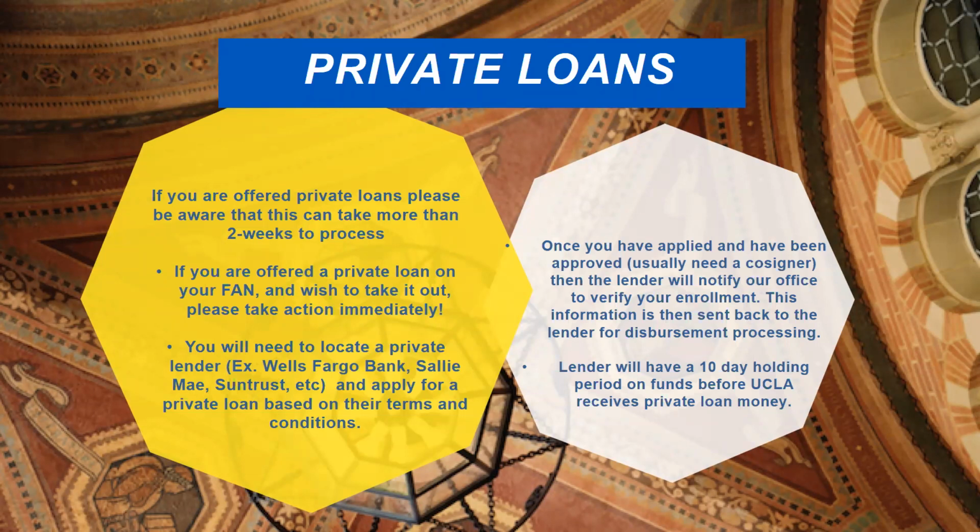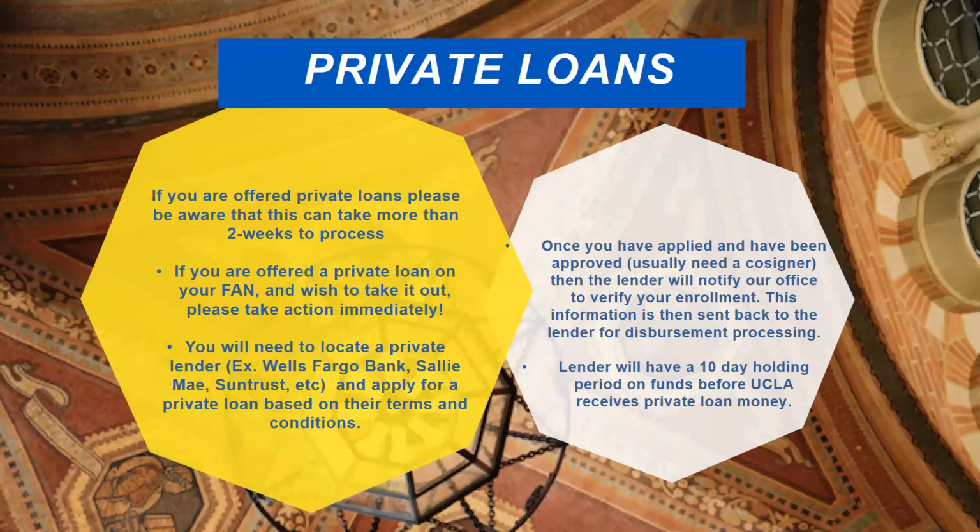That gives us a heads up to look for that to be coming. And when we do see it, we're expecting it, because we don't want to certify a loan for you that you really don't want. So it's better for you to give us a heads up to let us know that you've applied for the loan, you've been approved, and what amount you're looking to apply for.